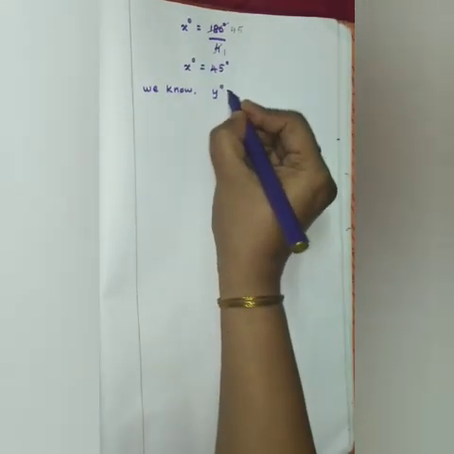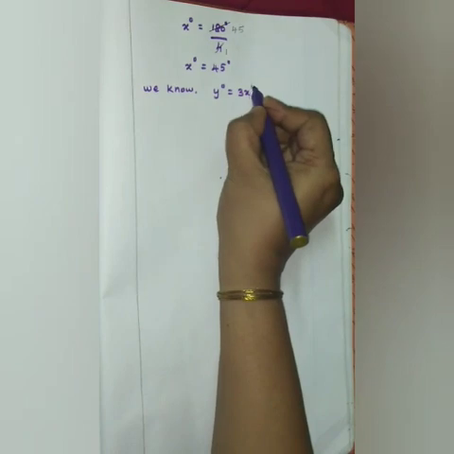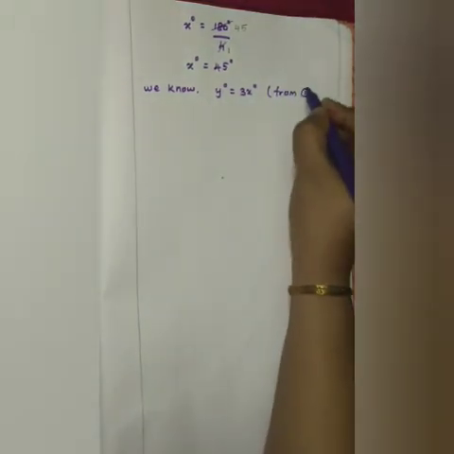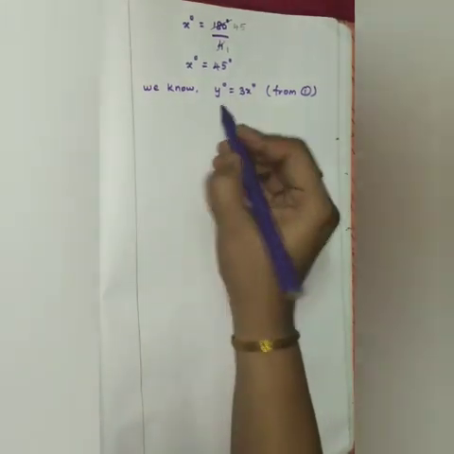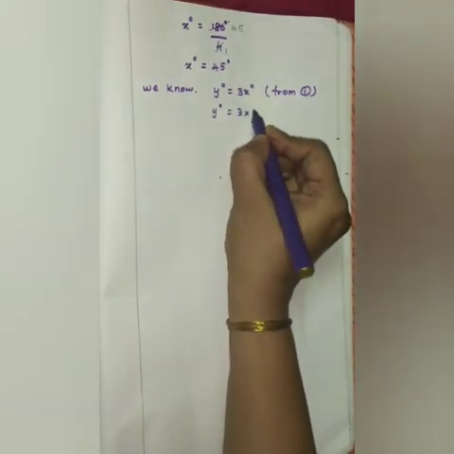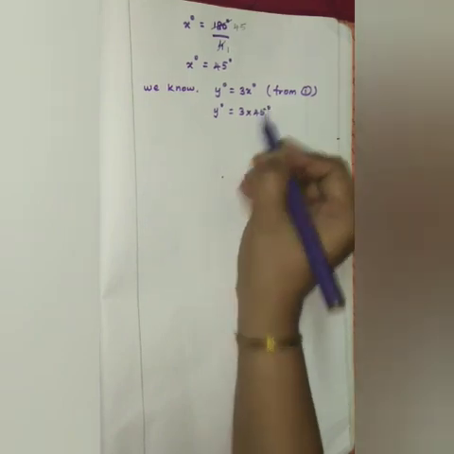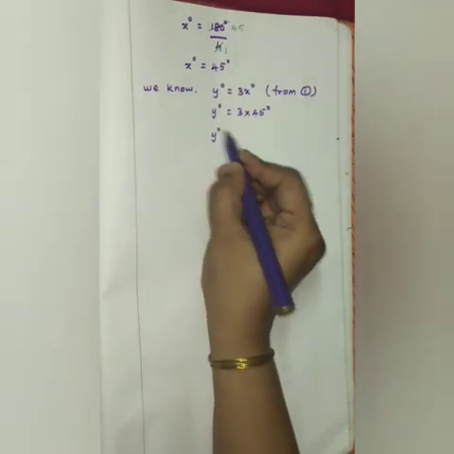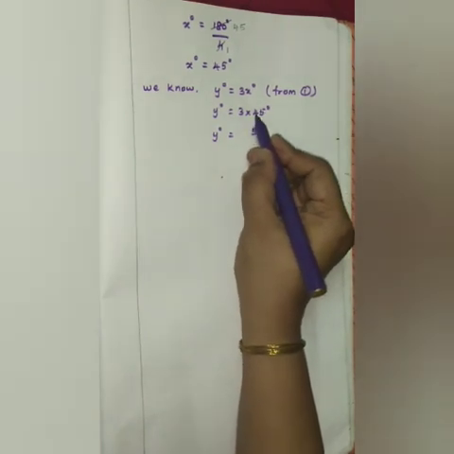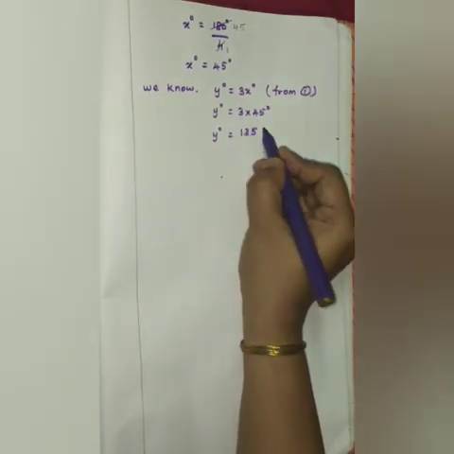We know y degree is equal to 3x degree from 1. Now substitute the value of x degree here. So y degree is equal to 3 into 45 degree. So when you multiply, 3 5s are 15, 1, 3 4s are 12, 13, 135 degree.